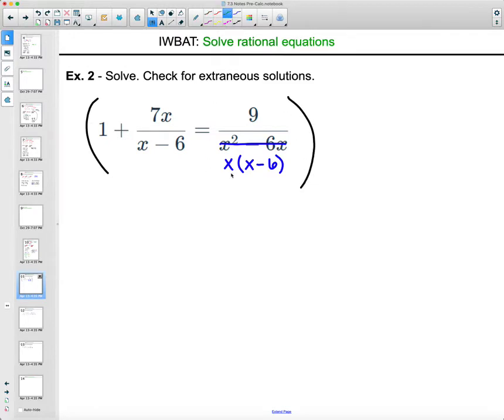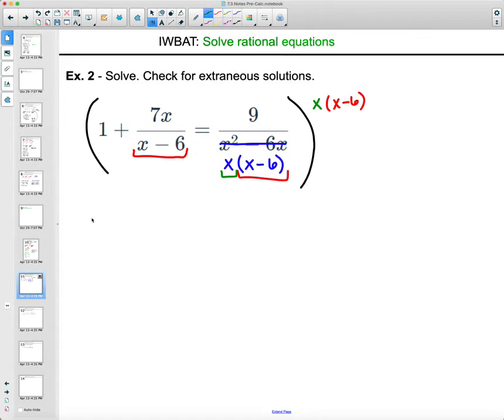So we need to multiply by an x and an x minus 6. Okay, so we see the x minus 6 here and here, and then we see this x. So make sure you multiply by both of them.